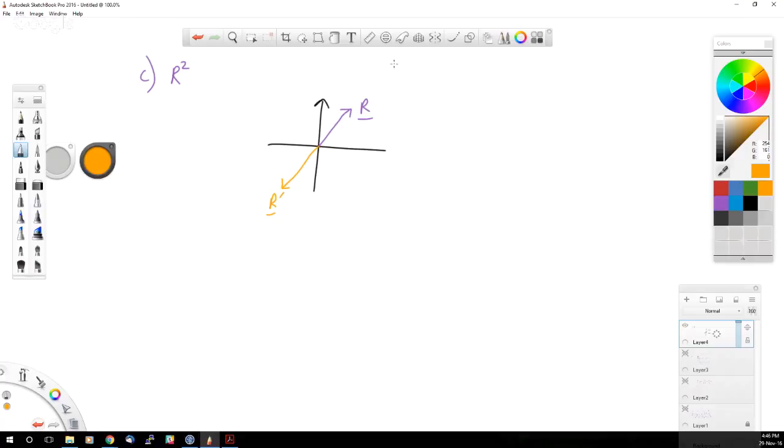So the average of these two vectors is 0, but the average size of these two vectors is not.